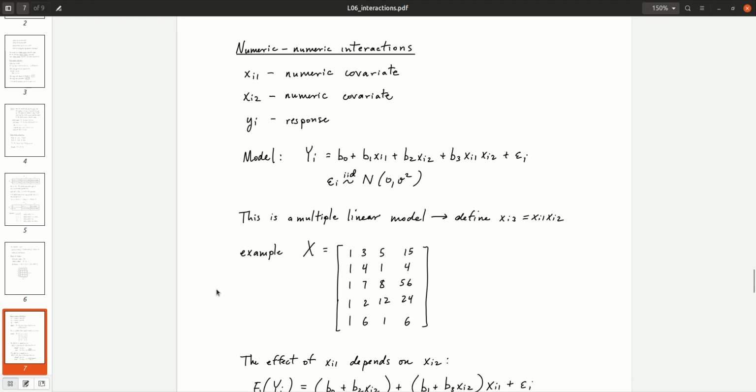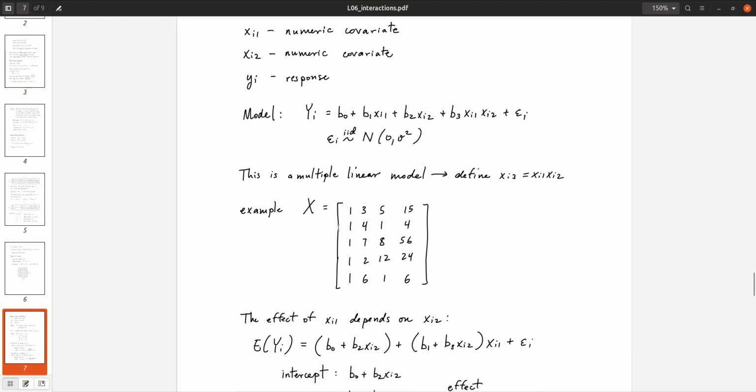For example, if we had this design matrix, this is the column of ones for the intercept. This is the column for xi1, just for this example. This is the column for xi2. And then xi3 is simply the product. So 3 times 5 is 15, 4 times 1 is 4, so on and so forth.